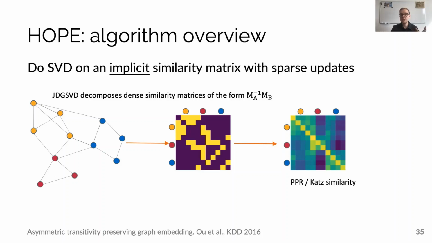And it turns out that we can actually compute the factorization of such things very efficiently if we do that. So we basically compute the SVD, but we do not compute the similarity matrix on which we are doing SVD. That's quite smart. So basically the similarity matrix is implicit. It's never computed or materialized in memory.